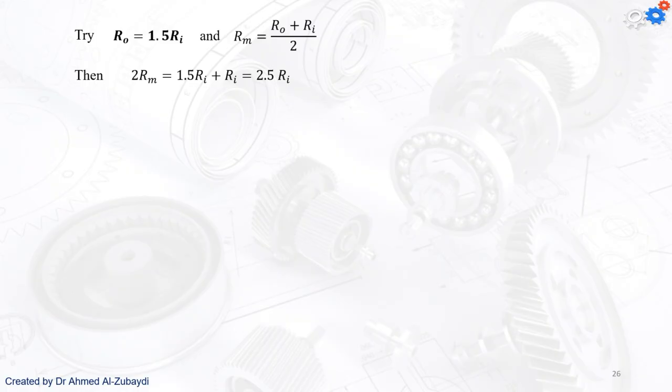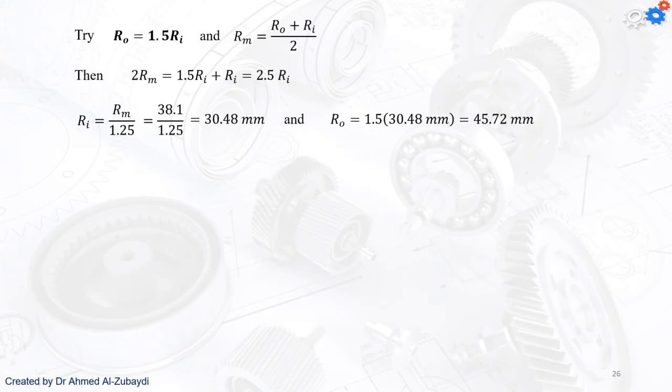So 2 Rm is going to be equal to 1.5 Ri plus Ri, which gives 2.5 Ri. Then Ri is going to be equal to Rm divided by 1.25, which equals 30.48 millimeters. And RO is 1.5 times this value, which is 45.72 millimeters.